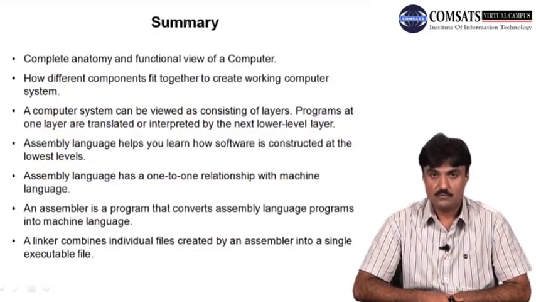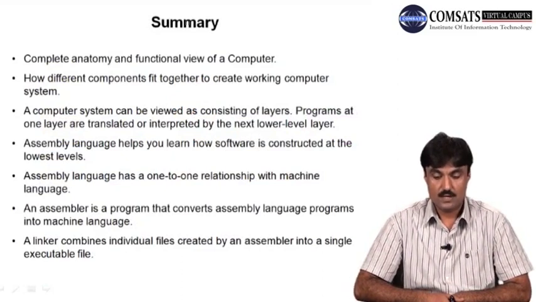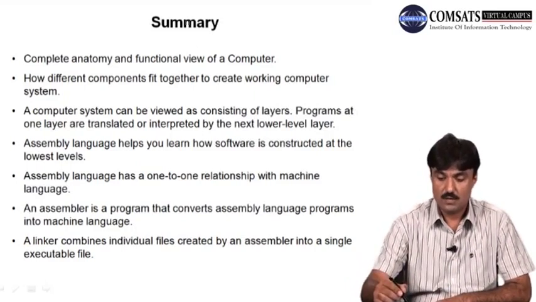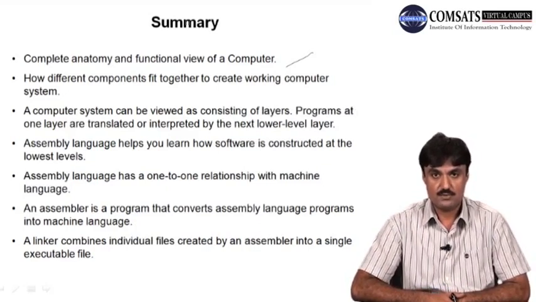Now we summarize what we learned in this lecture. First of all, we have seen the complete anatomy and functional view of a computer: the components of the computer, like CPU, memory, input devices, output devices, and storage.